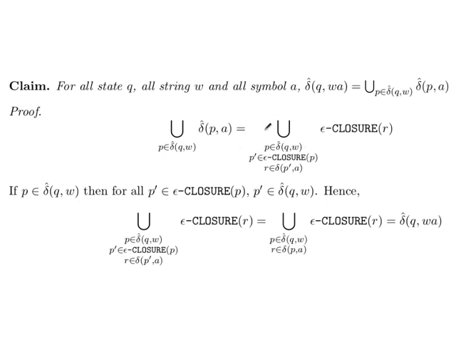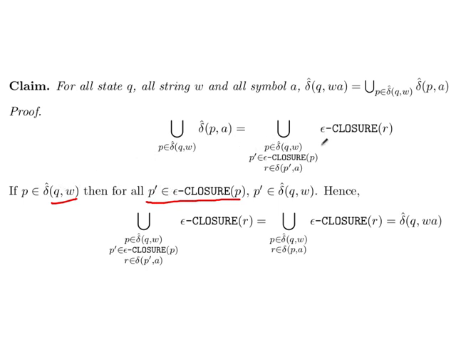This is just replaced by this epsilon closure of P, and this is what you have here. Now you notice that if this P is in this delta hat of QW, then if I take the epsilon closure of any such state, that closure will also be a subset of this set. So if I take any element from the epsilon closure of P, that will be an element of this thing itself.